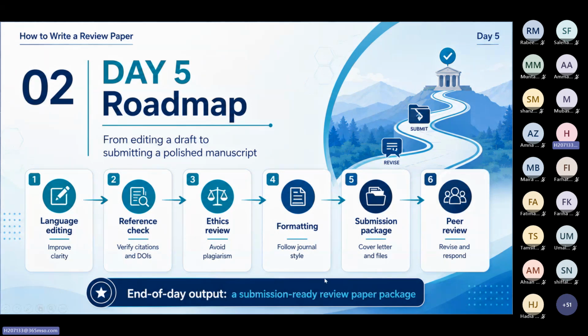Formatting according to the journal style, like what the font style of the title should be, how many words, what the reference style should be, and other things. Submission package: what kind of files should be included in the submission package. At the end, how to respond to the reviewers of the journal.